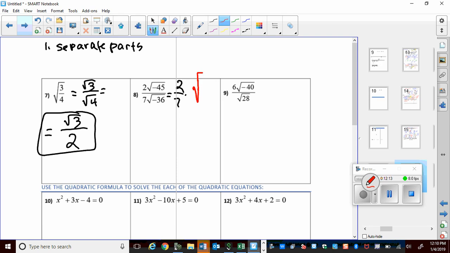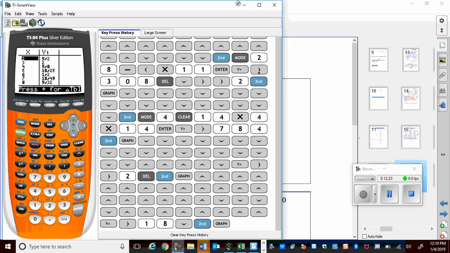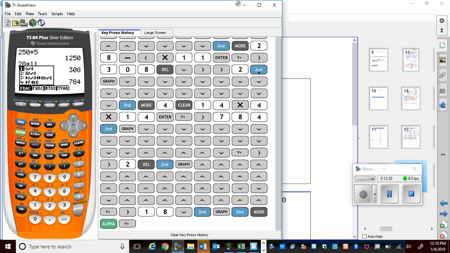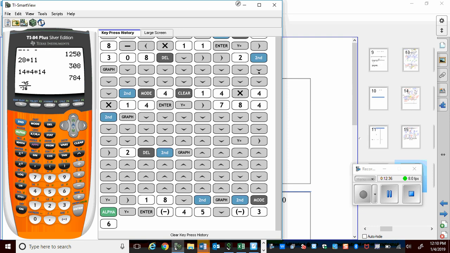The square root of negative 45 over negative 36. So what I'm going to do, I know that 9 divides out of both terms. I'm going to go to my graphing calculator and make sure that I can't reduce that fraction any further. So I'll press alpha y equals, put negative 45 over a negative 36. This helps me get rid of that negative. Who wants to deal with a complex number with all of that going on? Simplifies to 5 over 4.